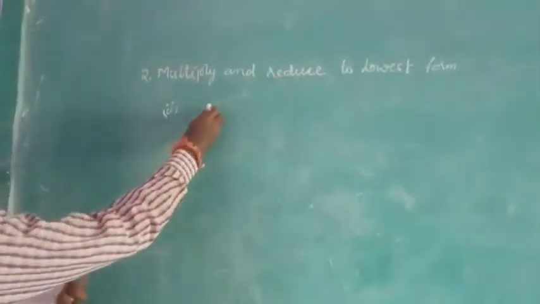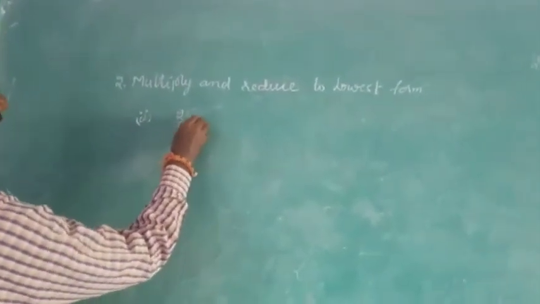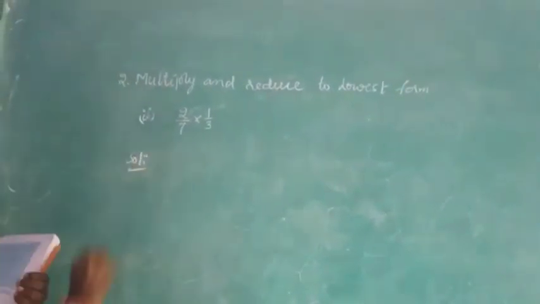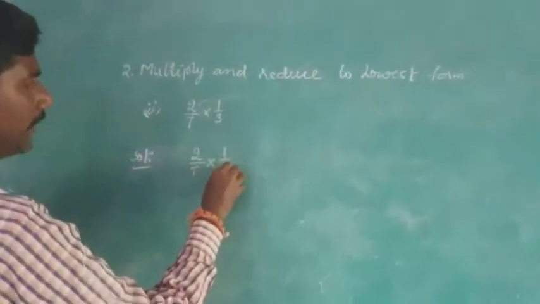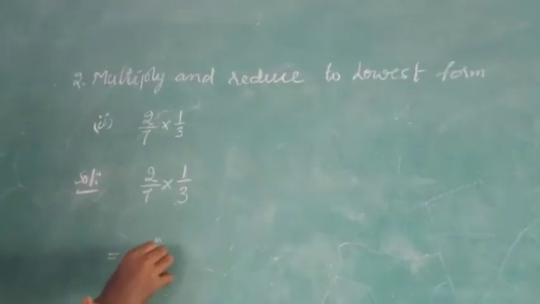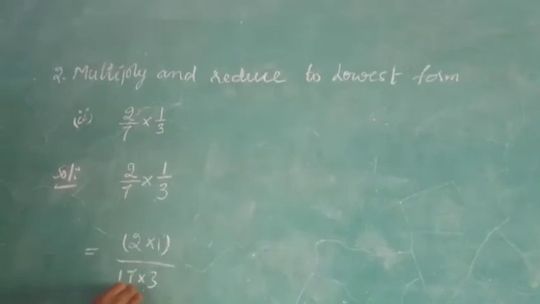So my dear students, now the second problem, 2/7 into 1/3. What is saying here is we need to multiply, right? Let me write 2/7 into 1/3. Numerator into numerator, 2 into 1, and 7 into 3.